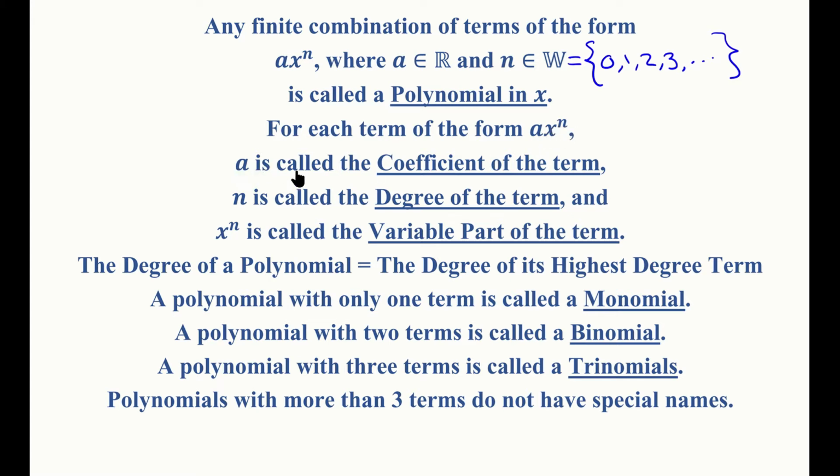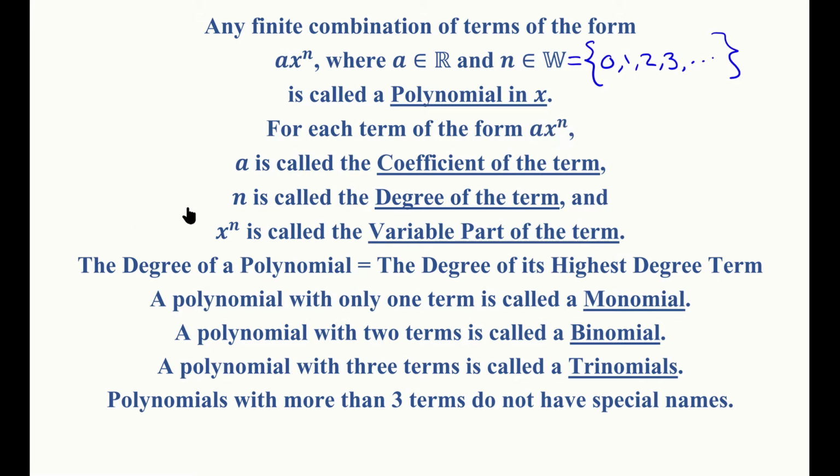The constant is called the coefficient of the term, and the exponent of the power we call the degree of the term. Now, the x to the n part, because x is the variable, is known as the variable part of this whole term, ax to the n.